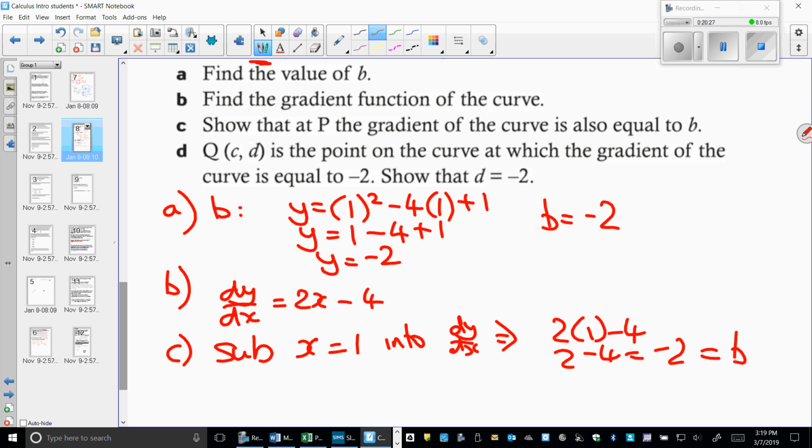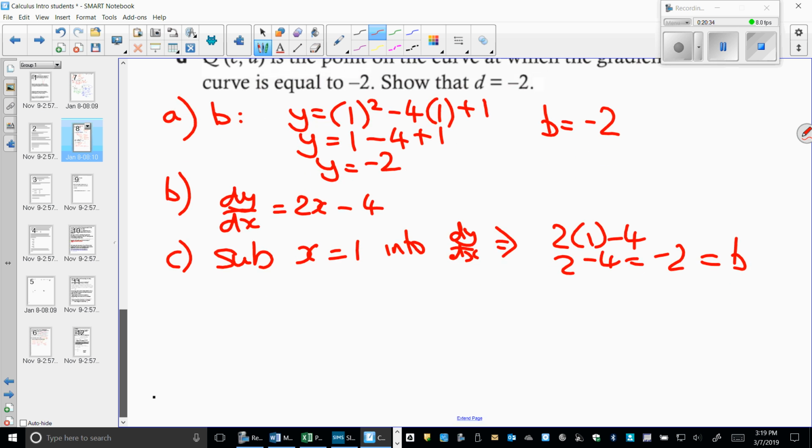For D, Q is the point on the curve where the gradient of the curve is equal to -2. So we know that the gradient is equal to -2. What will I do now? If I know that the gradient is equal to -2, -2 equals... Which part of my working shows me about the gradient?